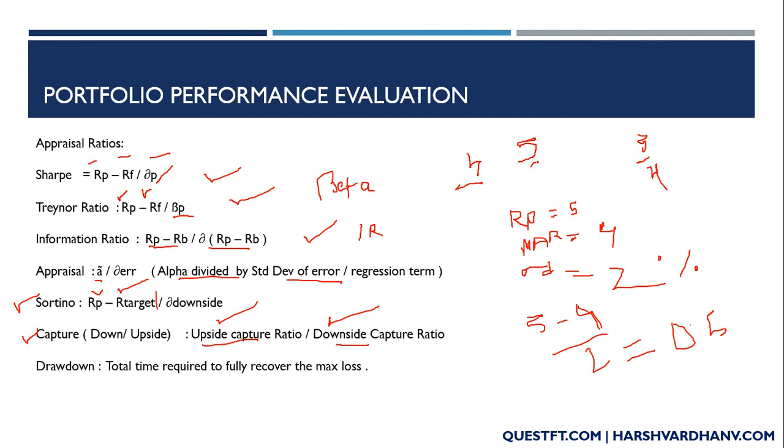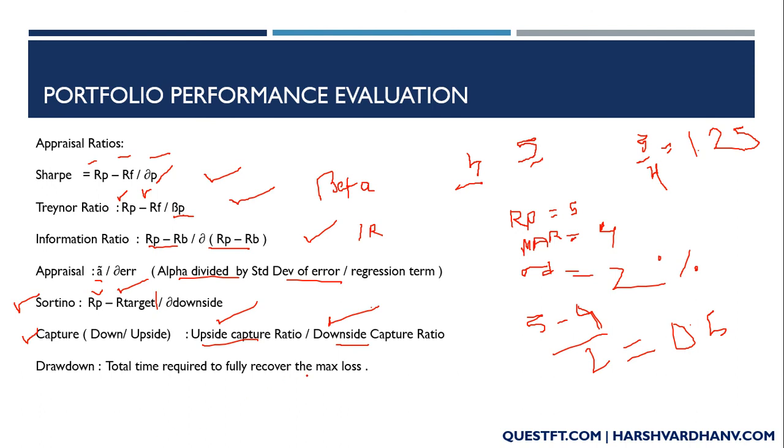The benchmark is at 4, you have given 5, so your upside capture ratio is 1.25. That's why you compare upside and downside capture ratios. Similarly, you compute the downside capture ratio.